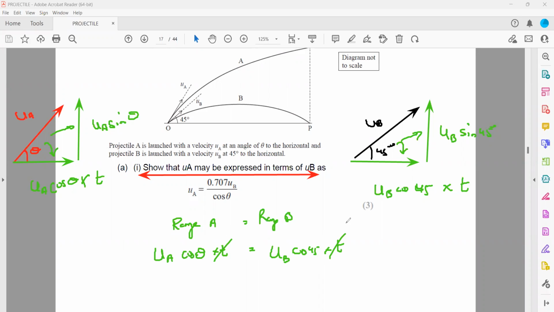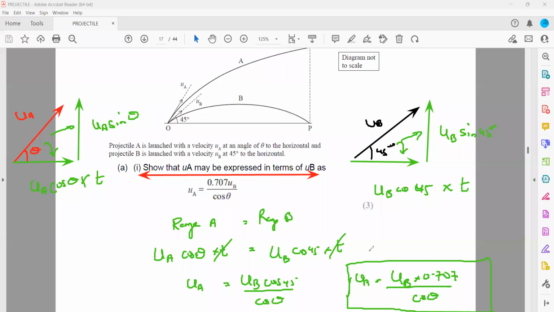When I simplify this, UA equals UB cosine 45 divided by cos theta. And cos 45 is equal to 0.707. So UA equals UB into 0.707 divided by cos theta. So that is the expression of UA in terms of UB, which we had to show.